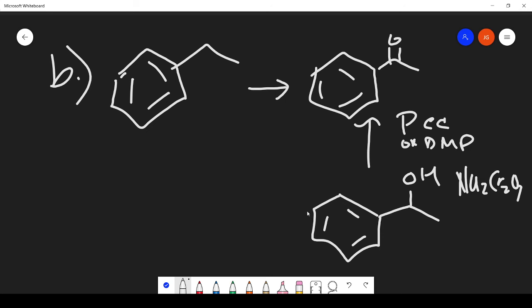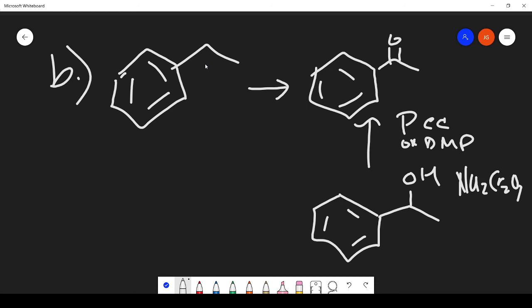Okay, well, now we're thinking, okay, how could we have gotten this alcohol onto this ethyl group? Well, remember that you can add functional groups to a carbon skeleton if you add it to an alkene.